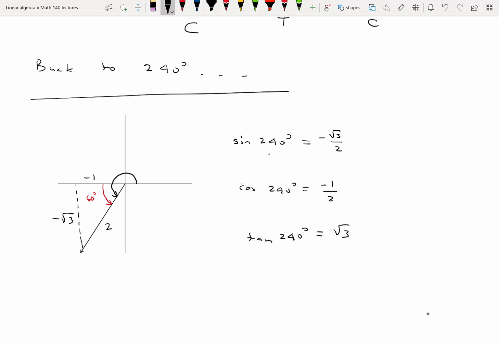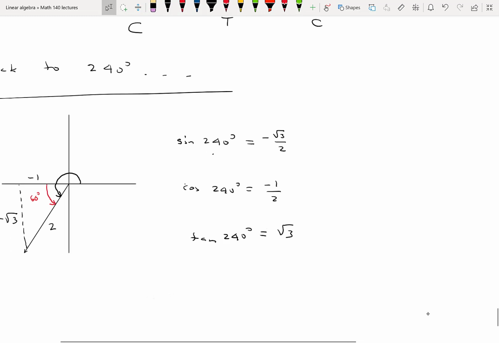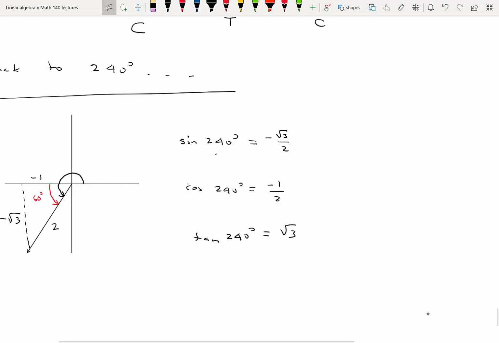Now compare that with the trig functions of just the reference angle. Remember, the reference angle is acute, so that little reference angle is on the chart of special values. The sine of 60 is positive radical 3 over 2. The cosine of 60 is positive 1/2, and the tangent of 60. Trig functions of a reference angle are always positive, all of them, always.